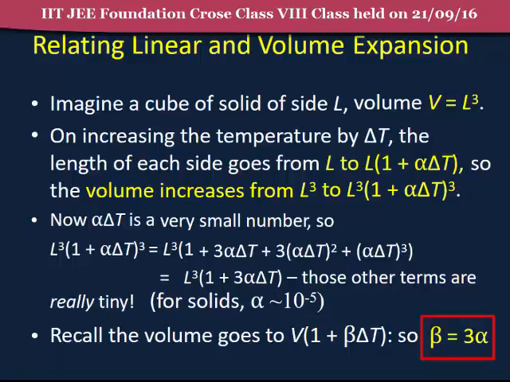So there is a relation between the length and the volume. Accordingly, we can make a relation between alpha and beta, the linear coefficient of expansion and the volumetric coefficient of expansion. It is not at all a problem, it is explained here.